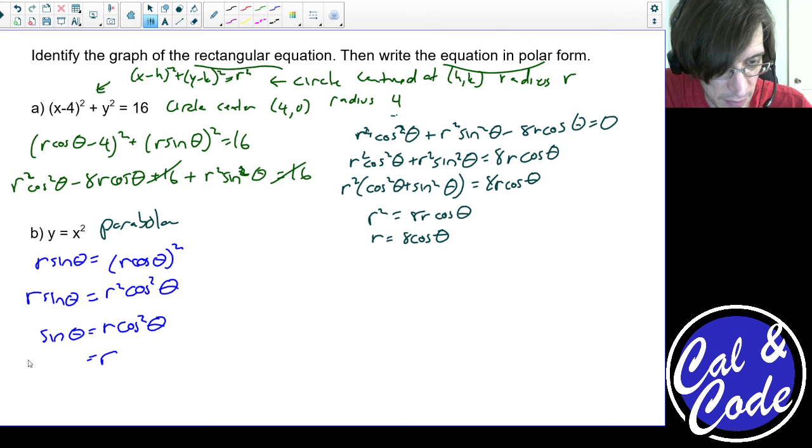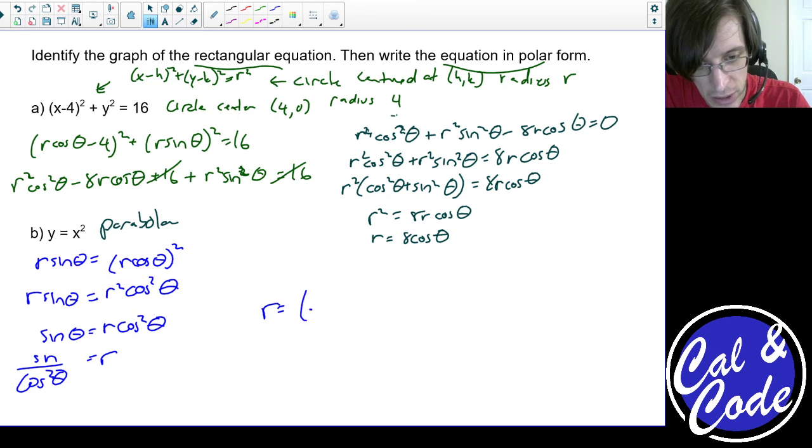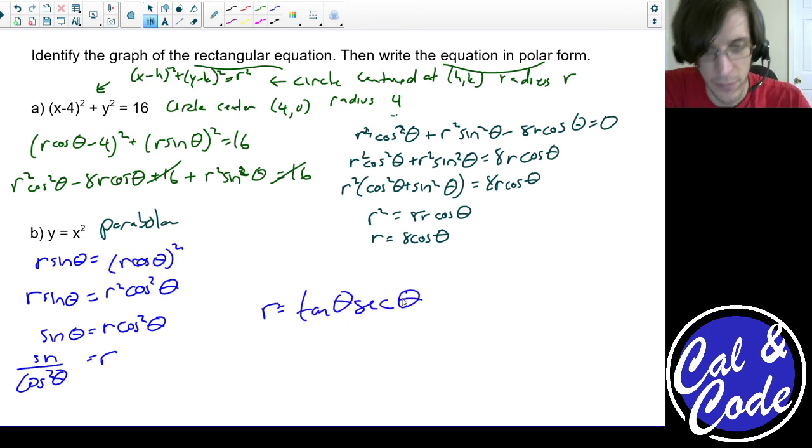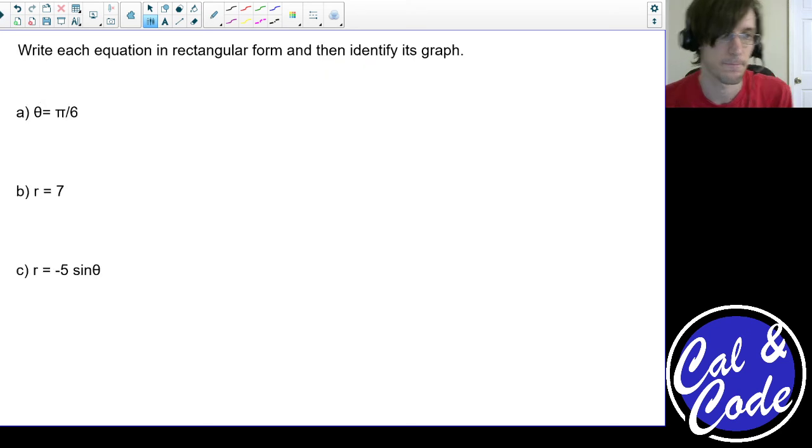If I divide both sides by cosine squared, that gives me sine over cosine squared theta is r. I can do a little simplification. I don't have to here. Sine over cosine is tangent. 1 over cosine is secant. And we get r is tangent theta secant theta. That would graph a parabola.